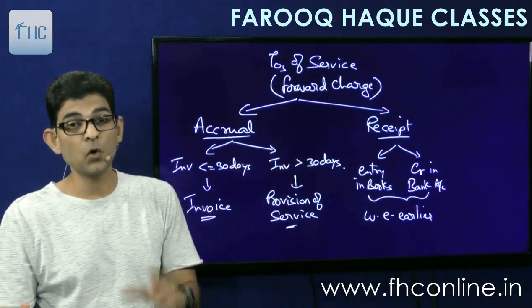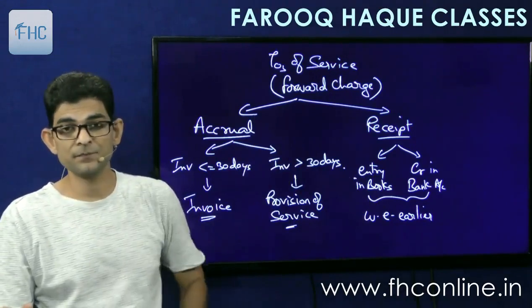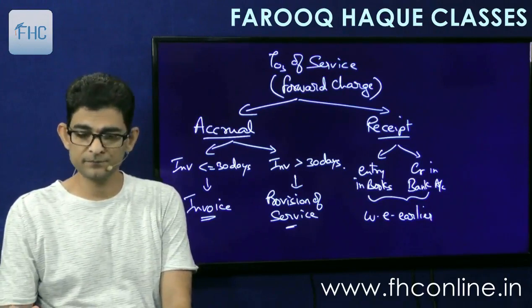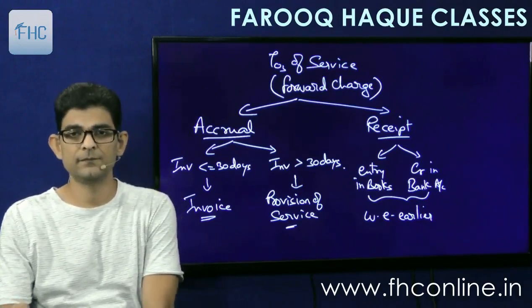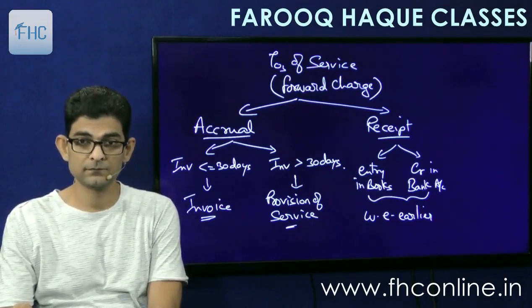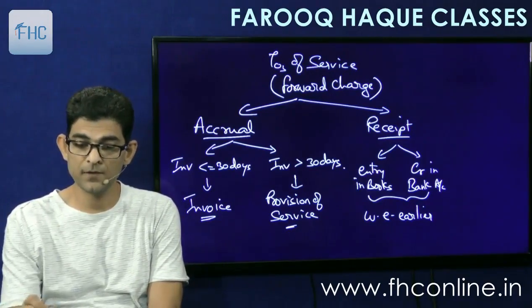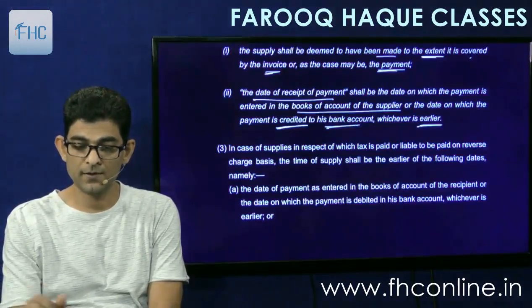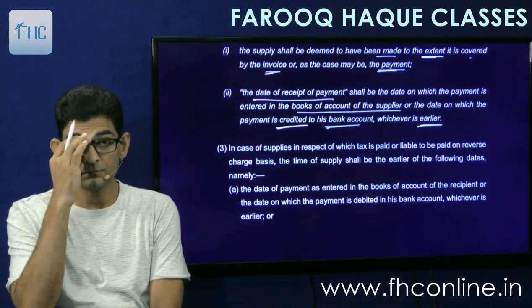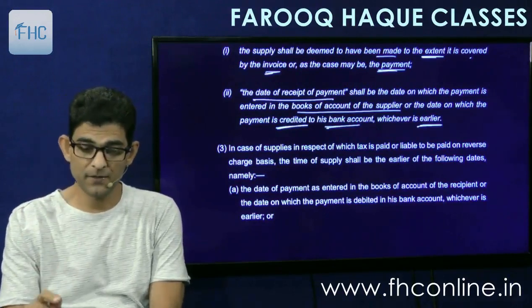That will be your time of supply of service. So basically, accrual or receipt, whichever is earlier. Okay, simple. So this is forward charge. We'll see the examples later on in the analysis part.